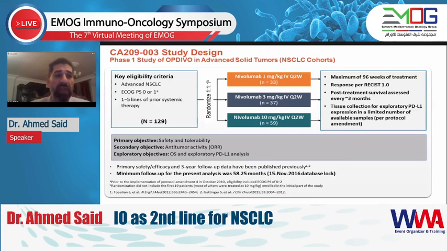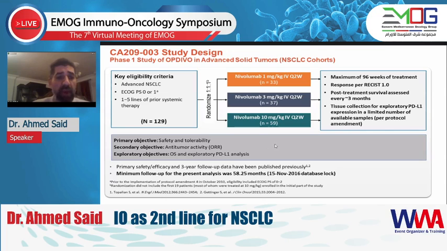So we have the nivolumab clinical trials. First of all came CheckMate 003, exploring nivolumab in different dosing schedules. As you can see, the eligibility criteria were advanced non-small cell lung cancer, performance status 0 to 1, and one or more lines of prior systemic therapy were allowed.